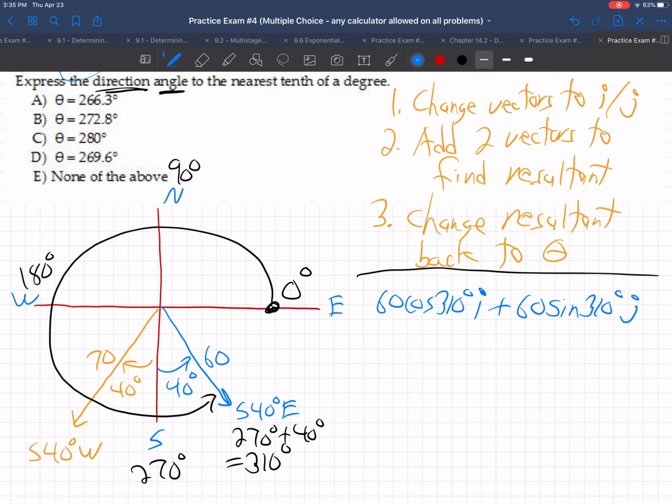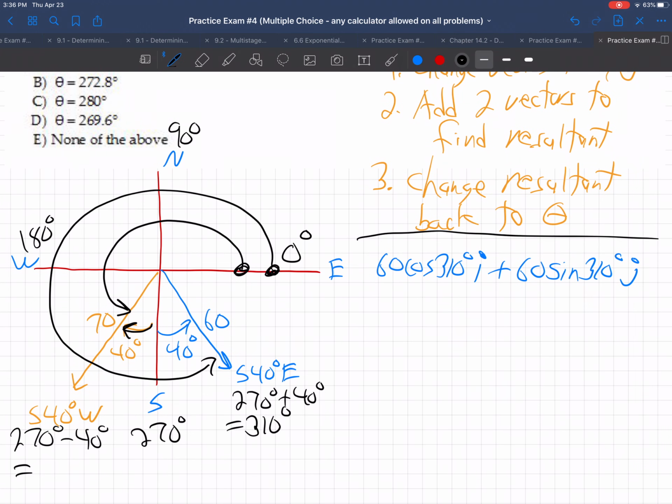Now, let's do the other vector. How far from 0 to the orange 70 vector? Well, that's less than 270, right? That's back from 270 by 40. So that's going to be 270 minus 40, isn't it? So that's going to equal 230 degrees for the orange vector.